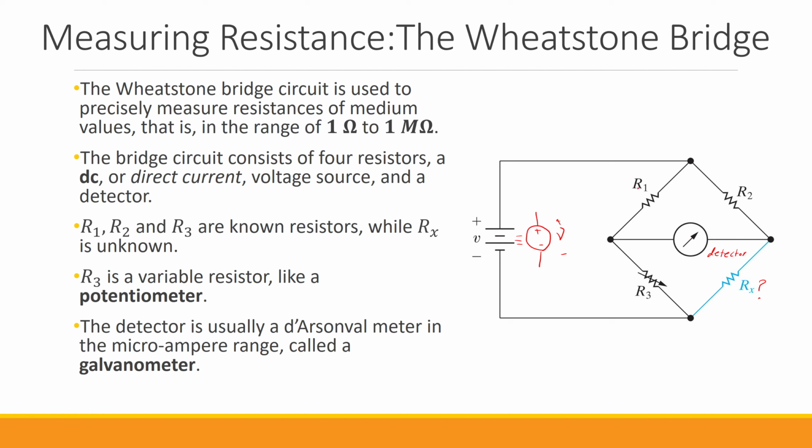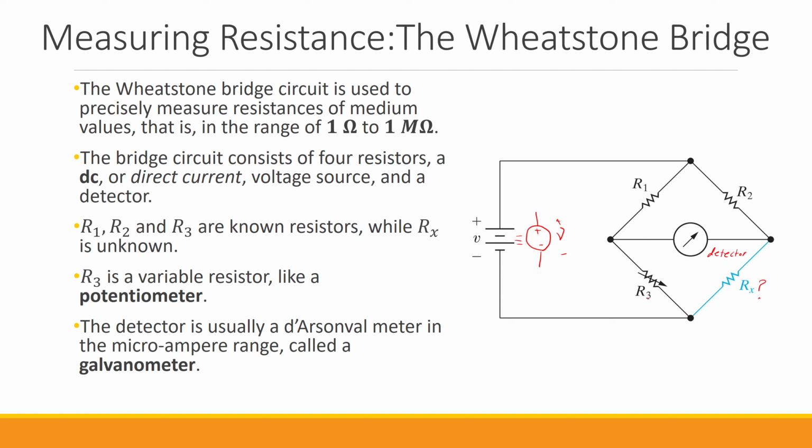So as I said, R1, R2, and R3 are known resistors. So we know the values of these resistors, while Rx is the resistor that we want to find the value of. R3 is usually a variable resistor, like a potentiometer.